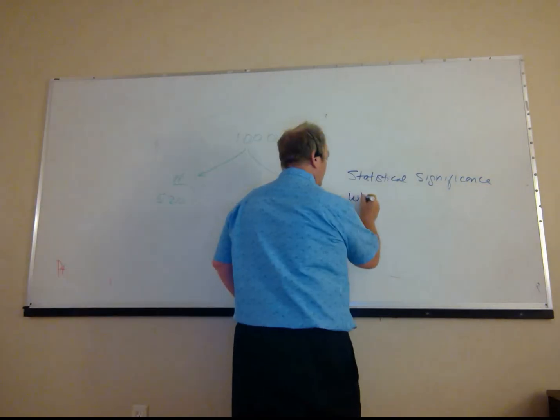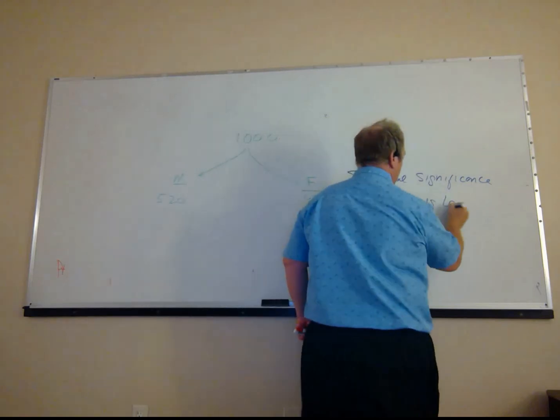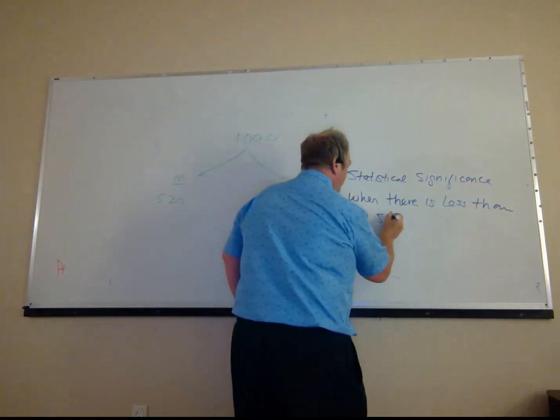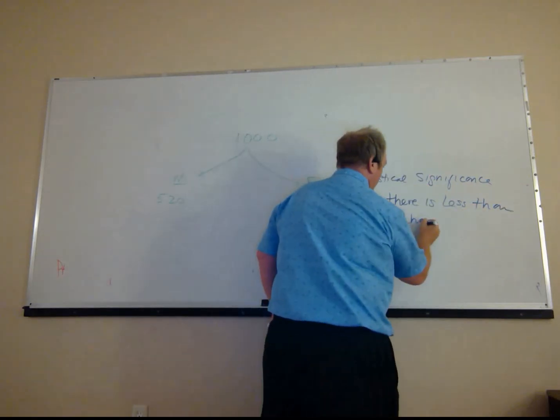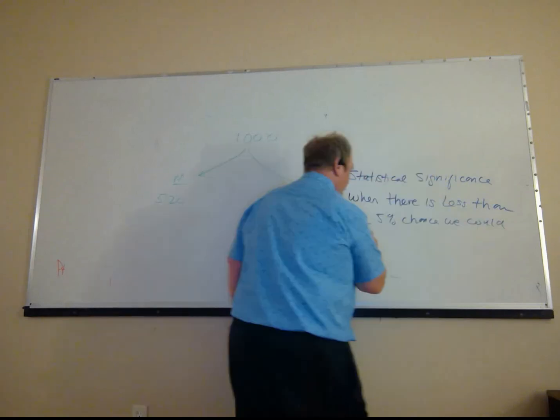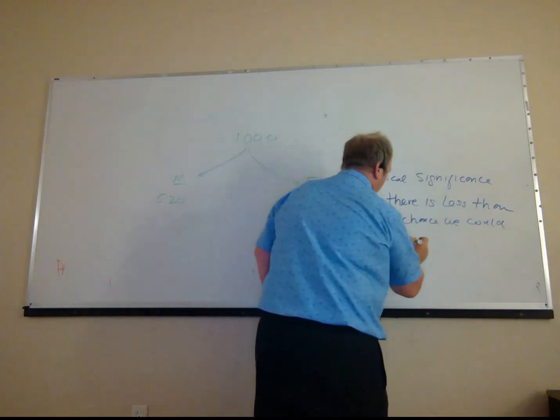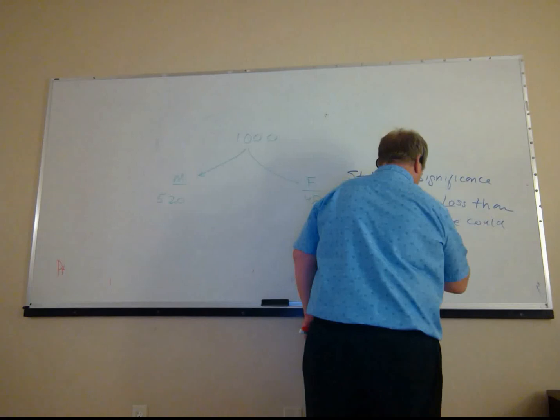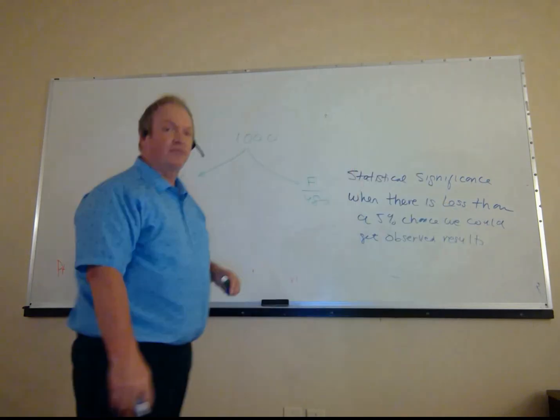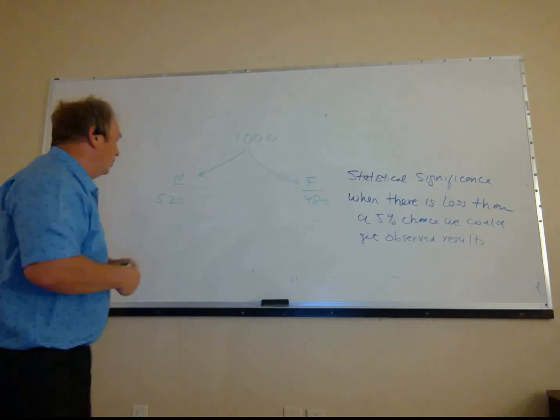So when there is less than a 5% chance we could get our observed results, then we say it's statistically significant. It couldn't have happened by random chance because it's too unlikely, so there's something going on.